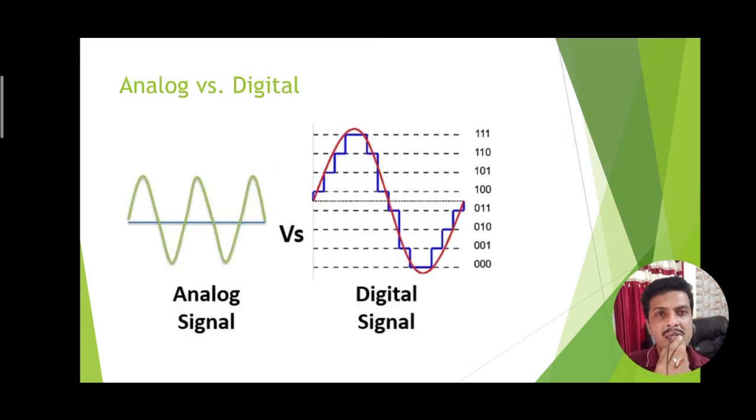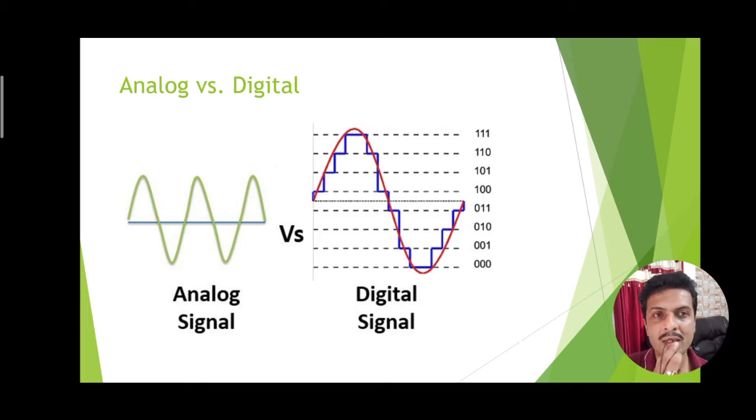Now here a basic definition of the analog and digital signal is shown, as well as a comparison. On the left hand side, it is a pure analog signal. What is an analog signal? An analog signal is shown in terms of a sinusoid. It defines that with respect to time, the magnitude is varying continuously. There is an infinite set of magnitudes with respect to time within a finite limit.